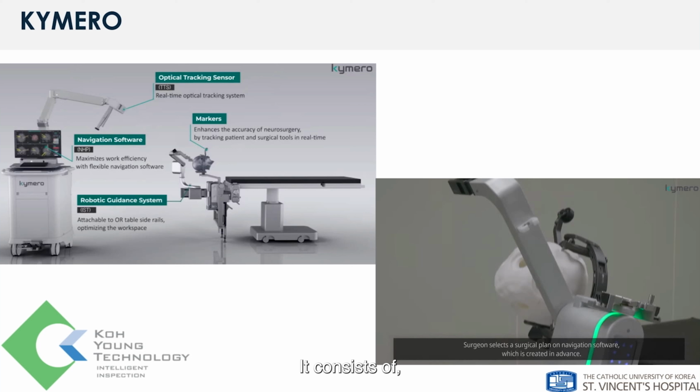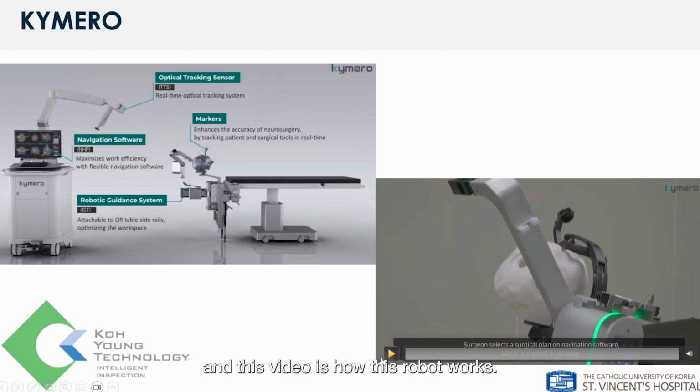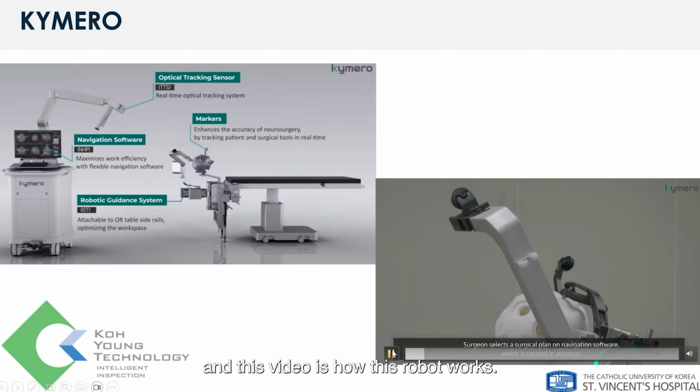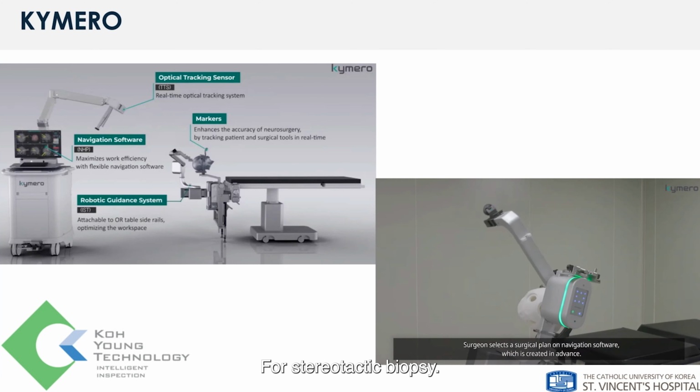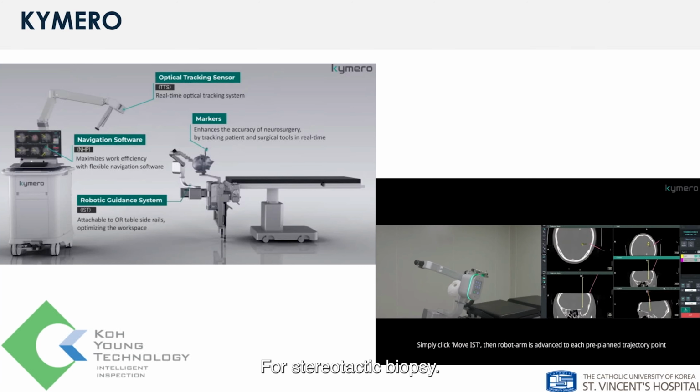It consists of navigation software, optical tracking sensor and markers, and a robotic guidance system. This is a robotic arm, and this video shows how this robot works for stereotactic biopsy.